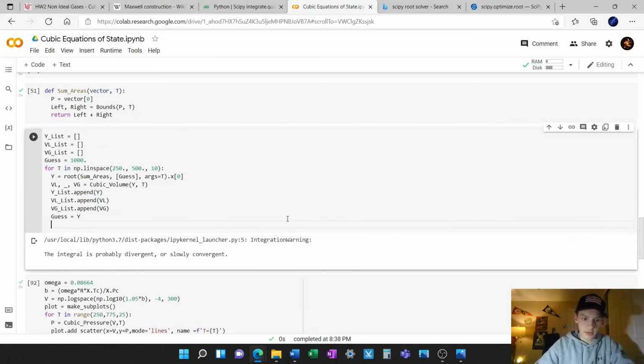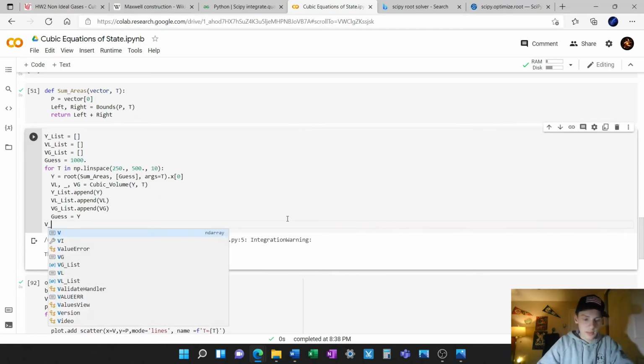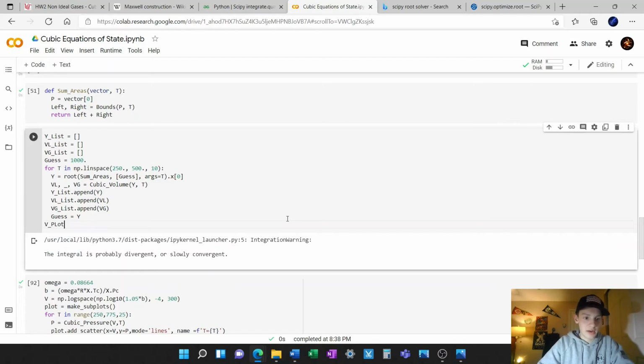We'll call it our V plot because this will be for plotting purposes. And we need to add our list of specific volume values in the liquid phase, and what we have in the vapor phase.